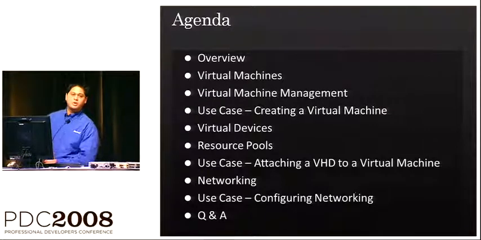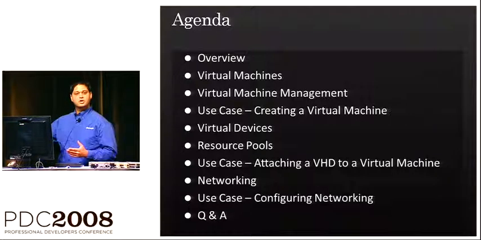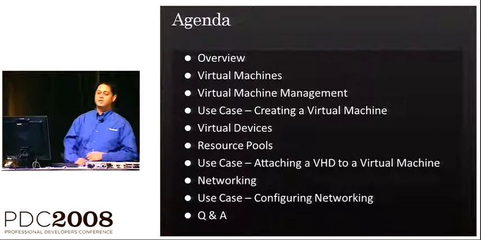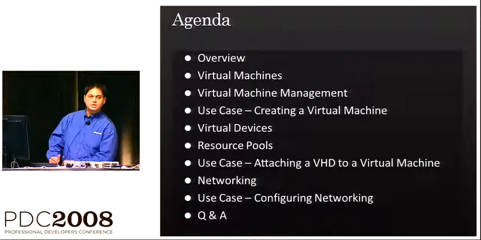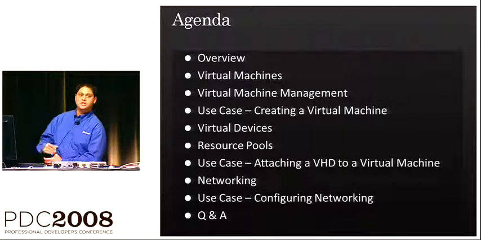So just a brief agenda about what we're going to cover today. The first thing is just a really brief overview talking about some of the key concepts in Hyper-V that we're going to be touching on throughout the presentation. Then we'll talk a little bit about virtual machines, what that object model looks like, and how you manage them. We'll go over a couple of use cases throughout, how to create a virtual machine.